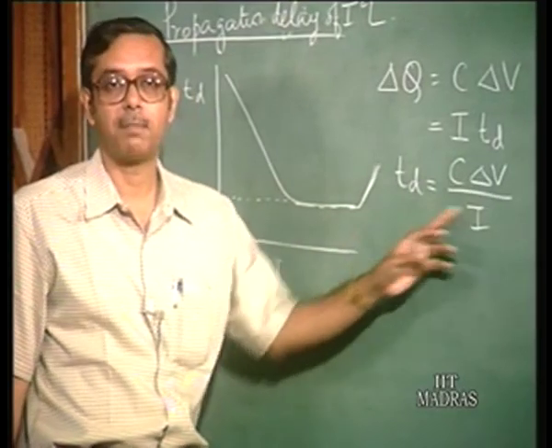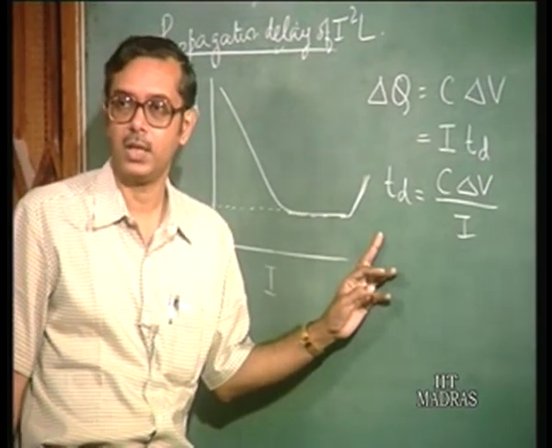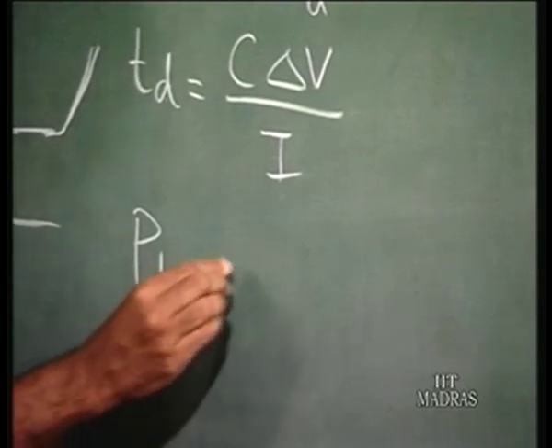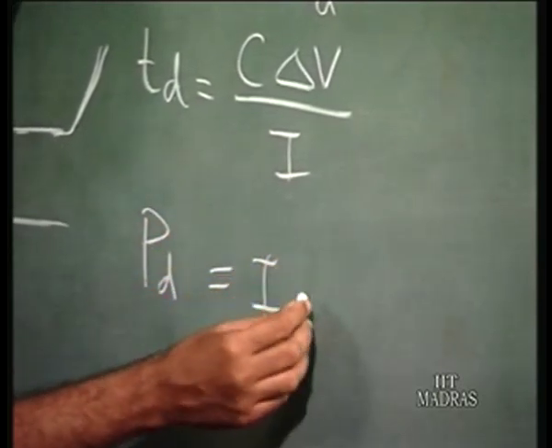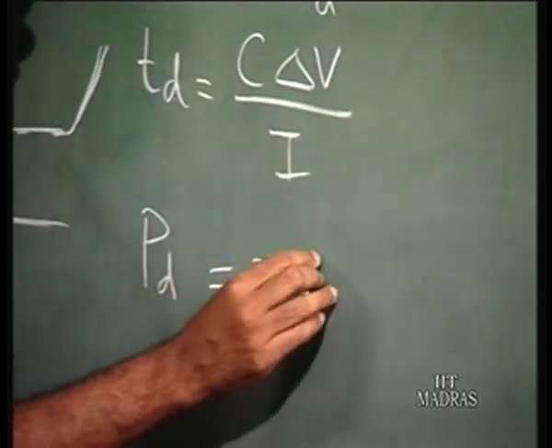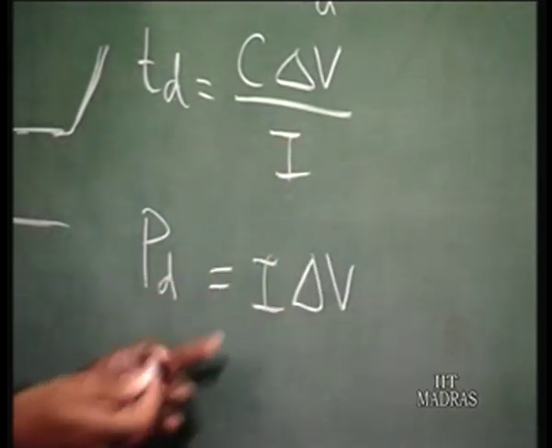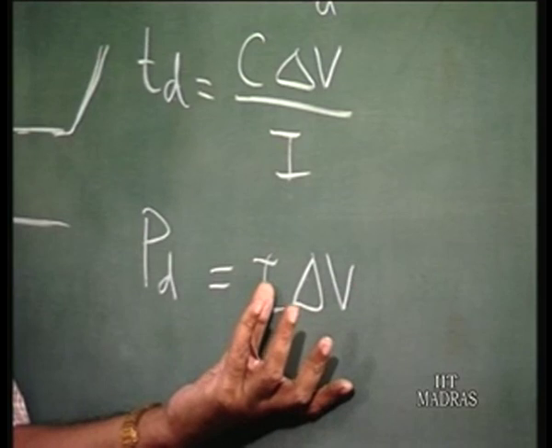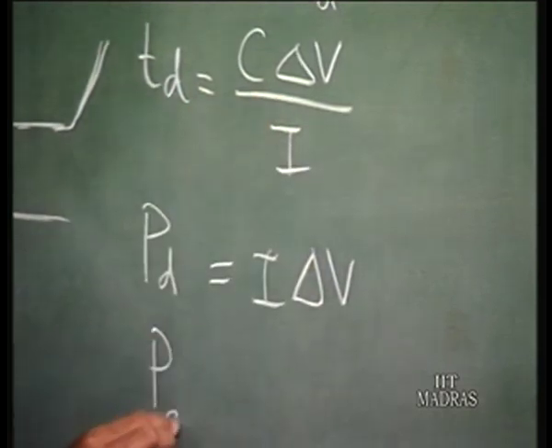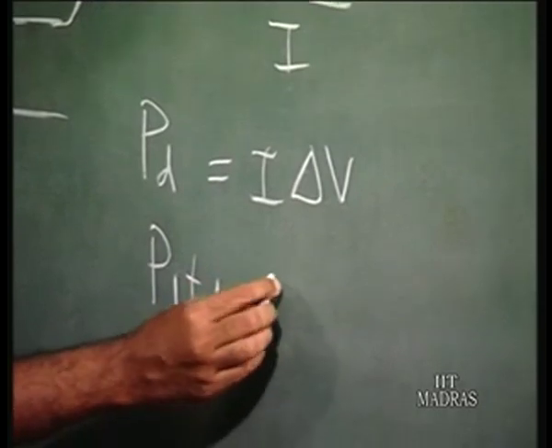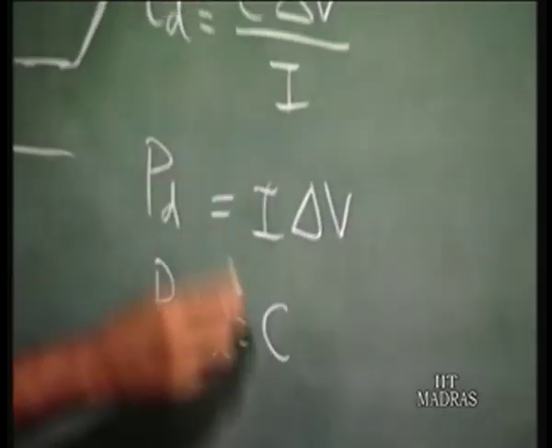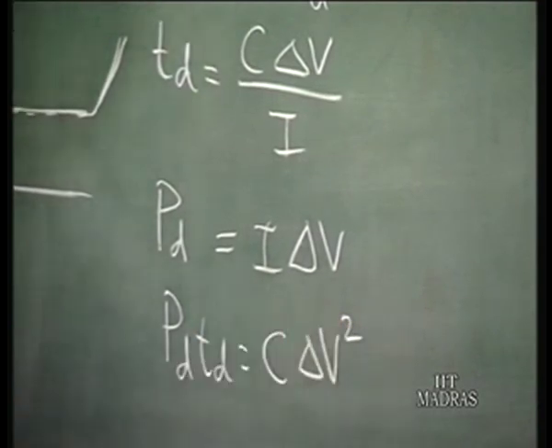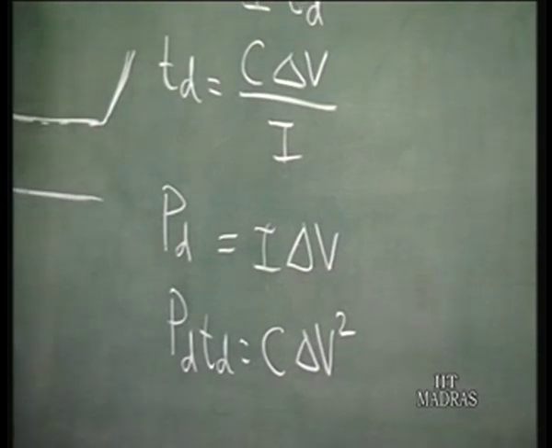And if you want the power delay product, the power dissipation is given by I into nearly equal to delta V. That is, if you assume that in saturation the transistor goes very close to 0 volts, then the power delay product, and you are operating in this region where the junction capacitances dominate, is equal to something like C delta V squared.